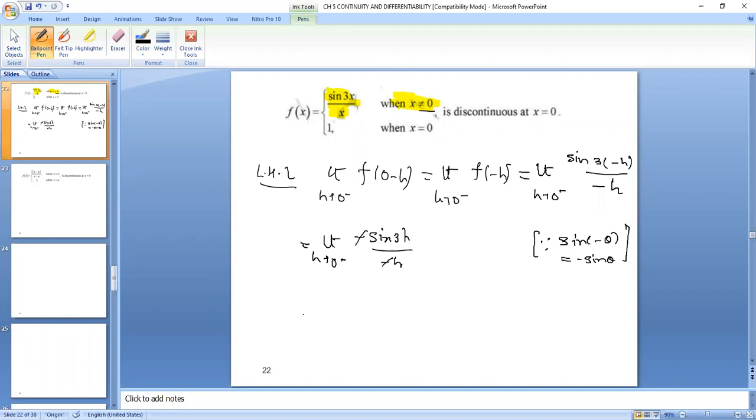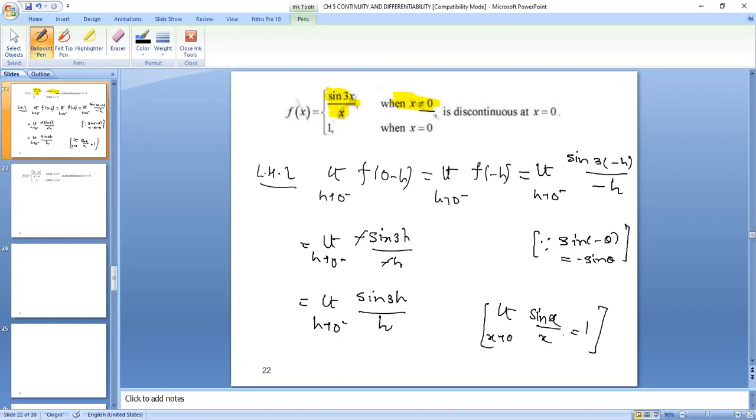Negative negative cancel. It is equal to limit h is tending to 0 negative, sine 3h upon h. You know the fact that limit x is tending to 0, sine x upon x is equal to 1.